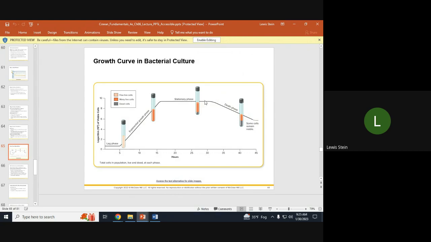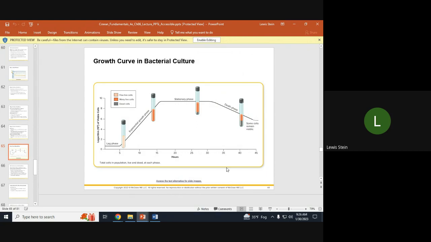And eventually the conditions become so adverse that we enter something called death phase, when more are dying than are surviving, and it's not nearly as fast as exponential phase. And there's even a prolonged decline phase where some cells remain dormant, and theoretically you could plate them out and, under the right conditions, get them started again.